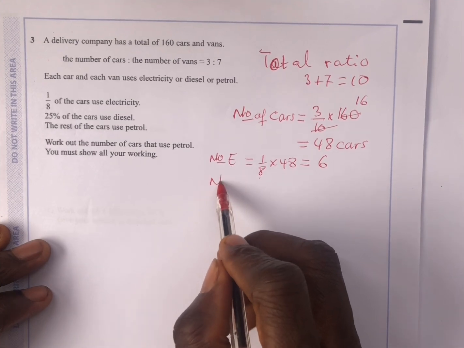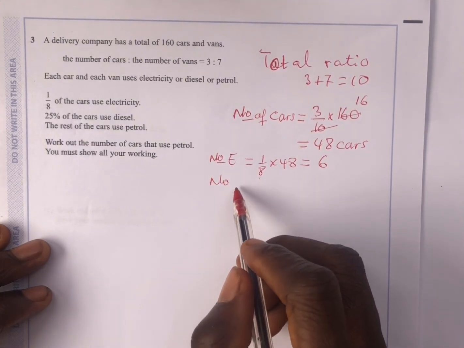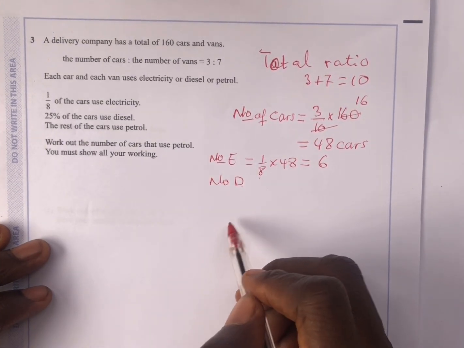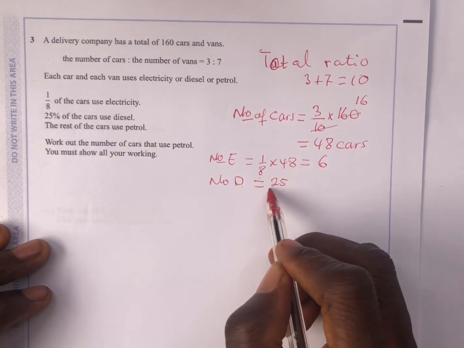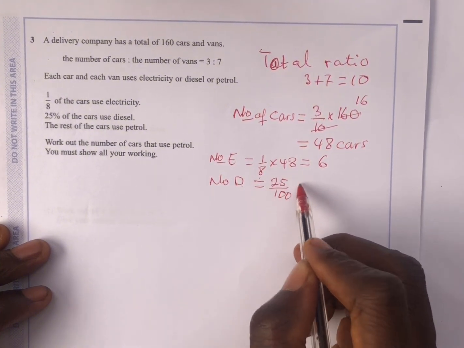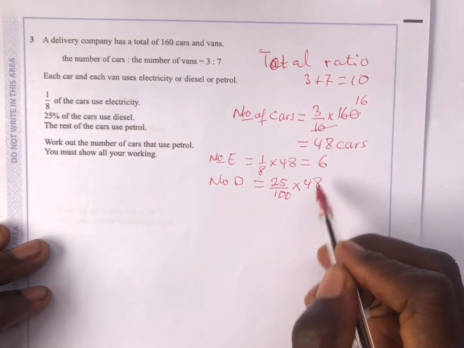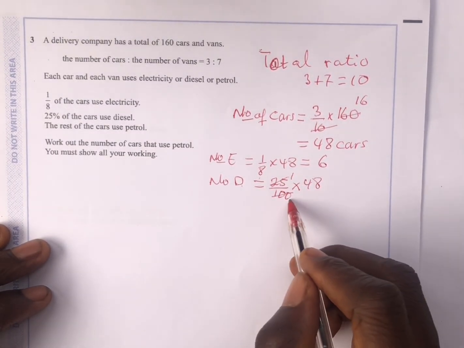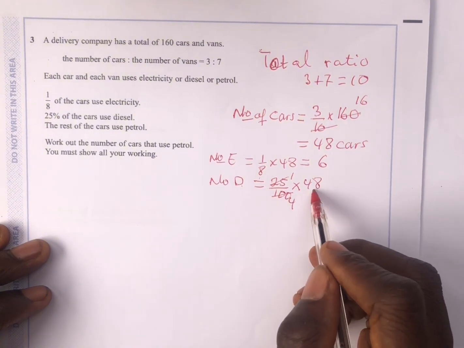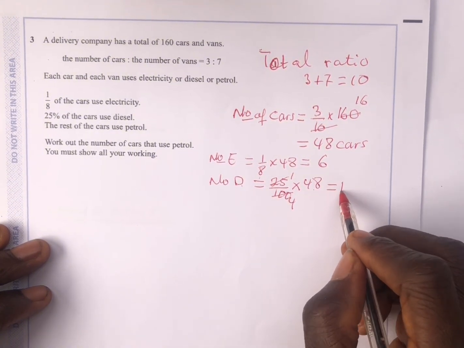So the number of cars that use diesel, let me use D, equals 25%. 25% is 25 on 100 times 48. Then 25 will divide itself once, and it will divide 100 four times. 4 will divide 48 12 times.